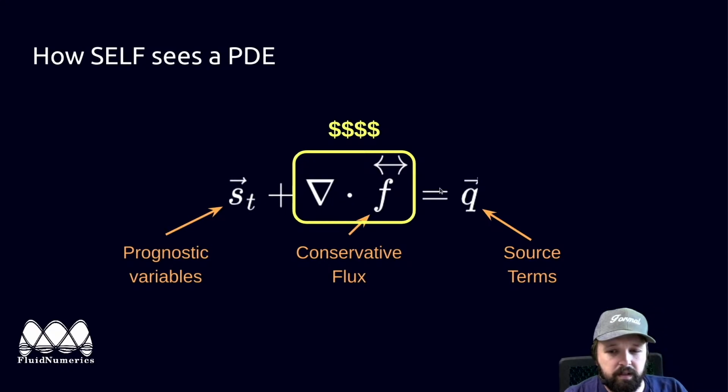Certainly you can envision scenarios, like combustion problems where you have combustion chemistry going on, where your source terms can end up dominating. But at least in terms of the things SELF provides out of the box, the divergence of the flux is the most expensive part. So we'll be focusing on that today.